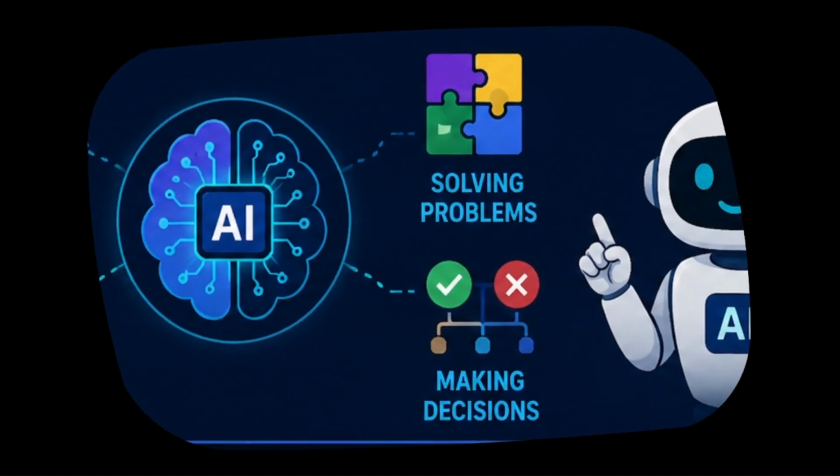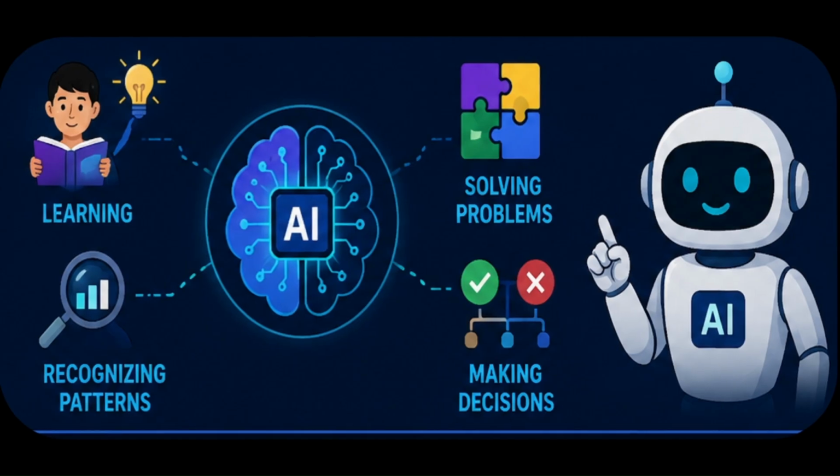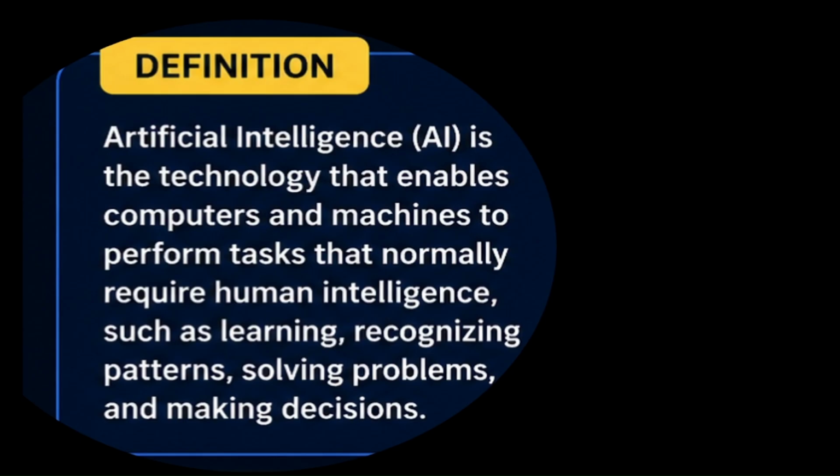And now when we design machines or computer systems that can perform tasks that normally require human-like intelligence, such as learning, recognizing patterns, solving problems, and making decisions, we call it artificial intelligence. Now, let's look at the technical definition of AI.